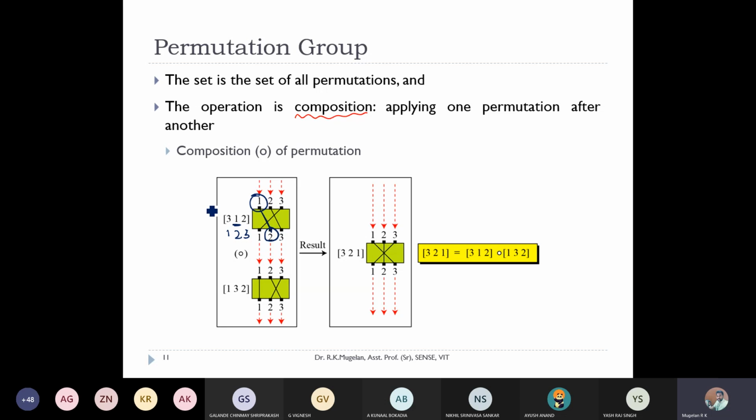So 1 will be coming to 2, and 2 will be going to the third position, and 3 is coming to the first position. Again, I'm using another permutation here. So this 1, 2, 3, whichever came here, because 1 has come here, and the same 1 is present here, and you can see here they're using 1, 3 and 2. The value of 2 is pushed to the third position here. So this 1 traveled from here, here, here, and the value of 1 came out here.